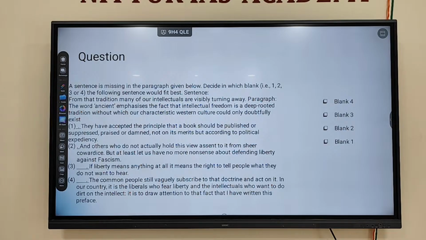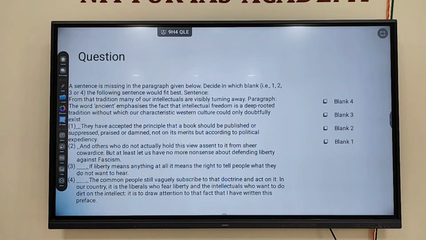If liberty means anything at all, it means the right to tell people what they do not want to hear. The common people still vaguely subscribe to that doctrine and act on it. In our country, it is the liberals who fear liberty and the intellectuals who don't want to dirty their intellect. It is to draw attention to this fact that I have written this piece.